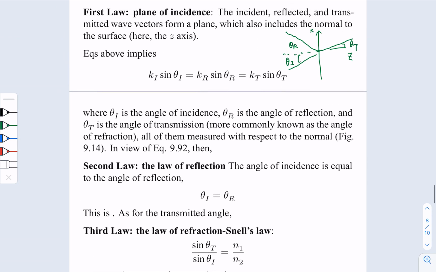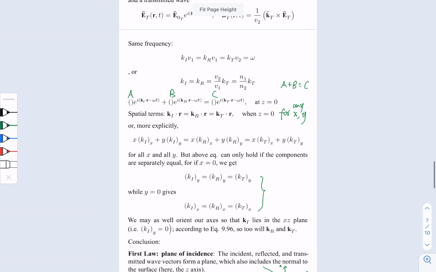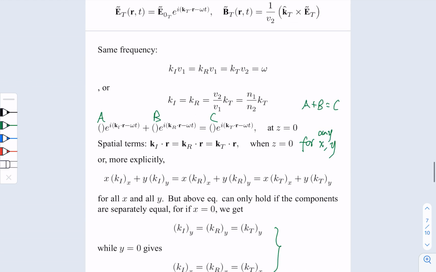So from Snell's law, we know that there is an angle of total reflection depending on the incident media n. But you see that all our derivation of this geometrical optics only involves equating these exponential factors.